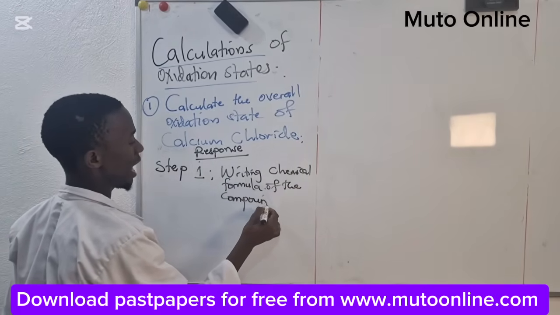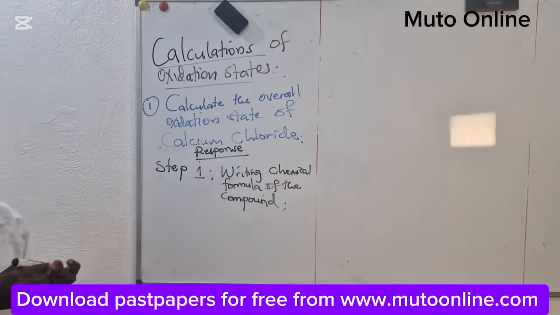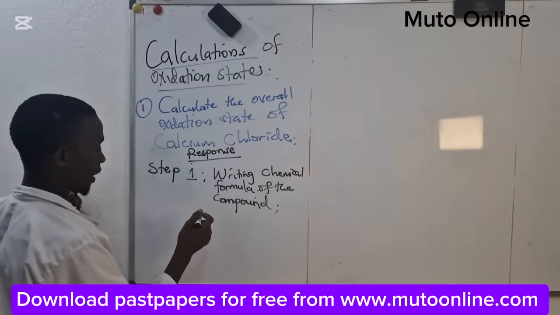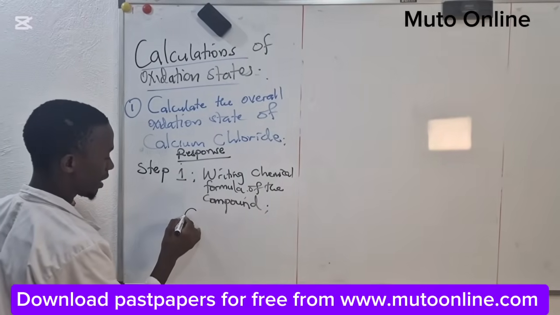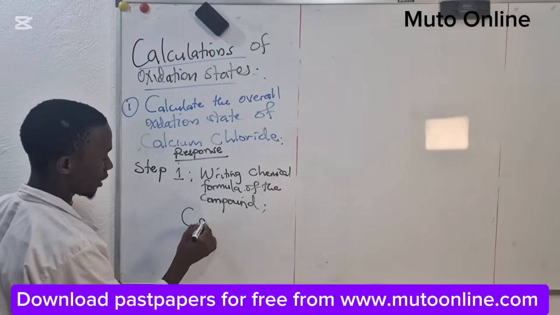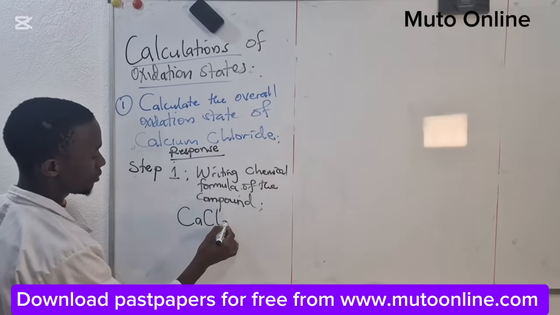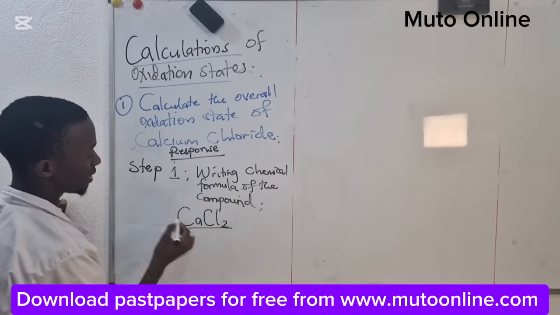The compound we have is calcium chloride. In the formula of calcium chloride, calcium has a valence of 2 and the chloride has a valence of 1, so it will always result in a formula of this kind.